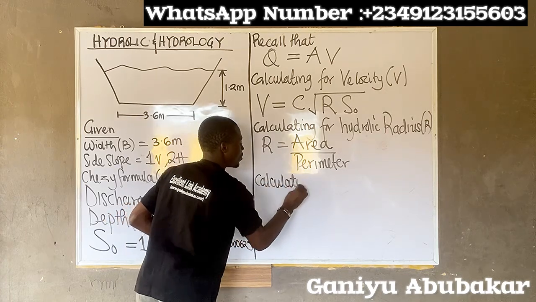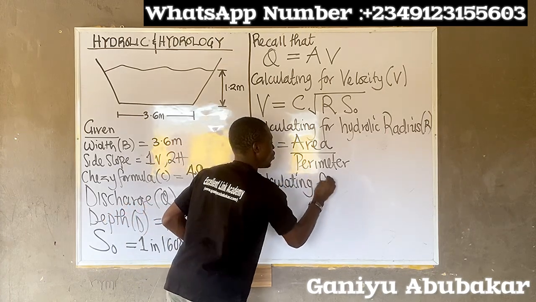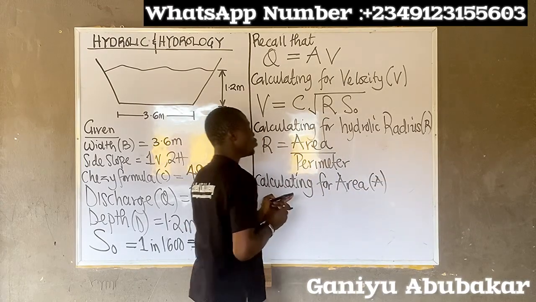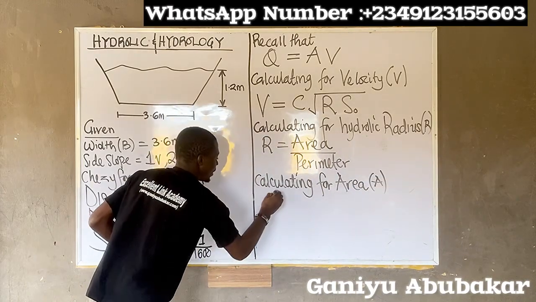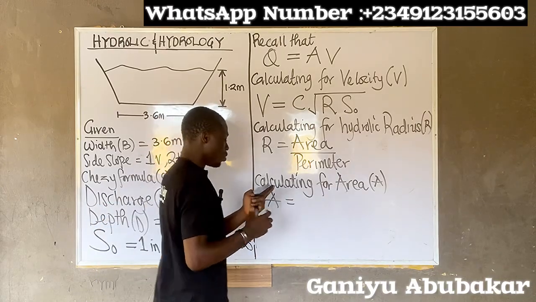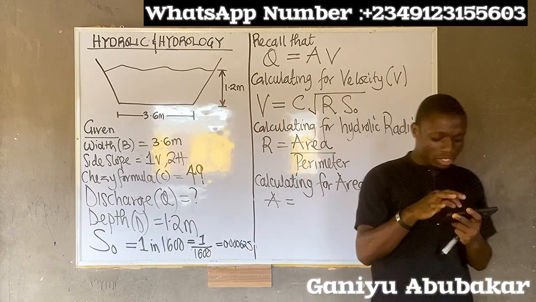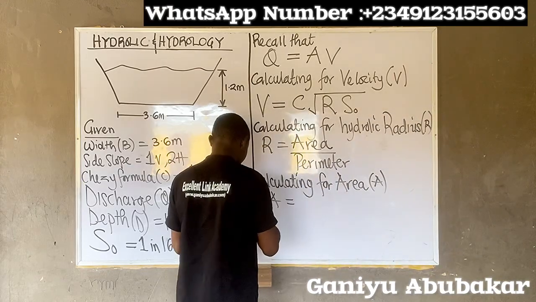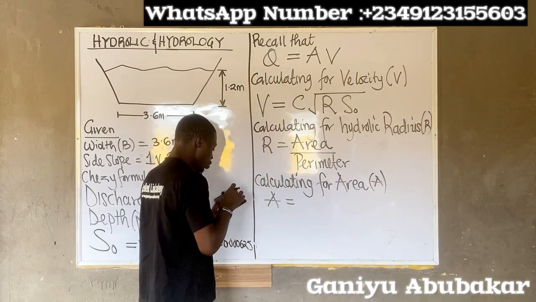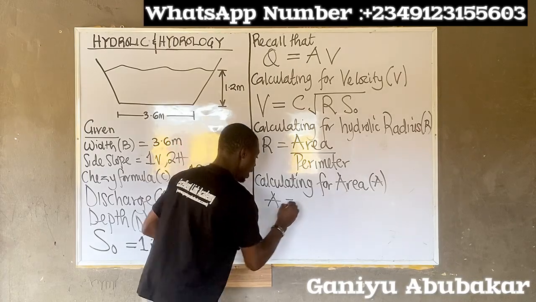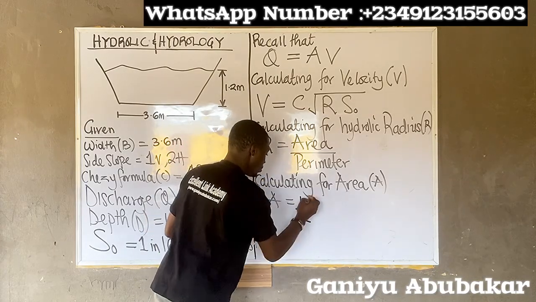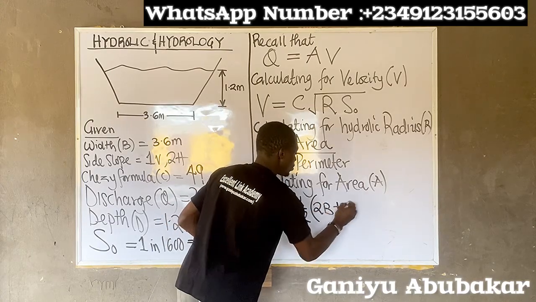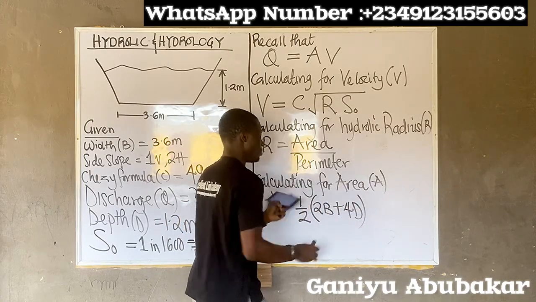Calculating for the area, in bracket A. What do we know? The area for this condition here is given by half into (2b plus 4d) in bracket, times d.